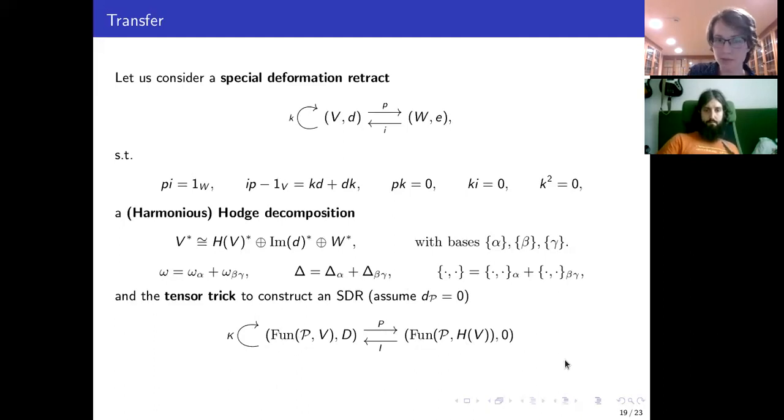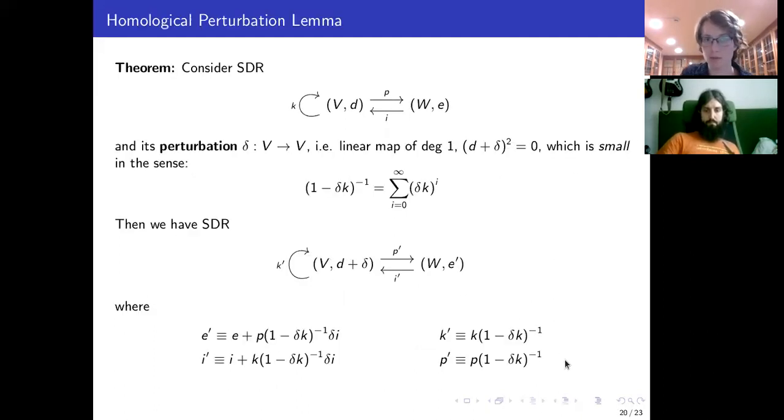So we have this special deformation retract where we have the functions on the vector space and the functions on the cohomology. Now, because we are in this special situation, we can use the homological perturbation lemma. It's a helpful tool to use on special deformation retracts. You consider a perturbation, which should be a linear map of degree 1, such that the original differential on the vector space V plus this perturbation squared is zero.